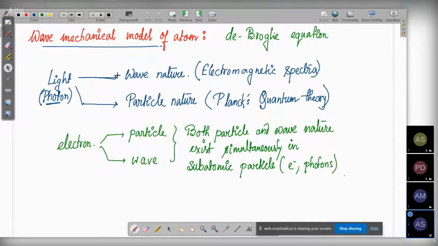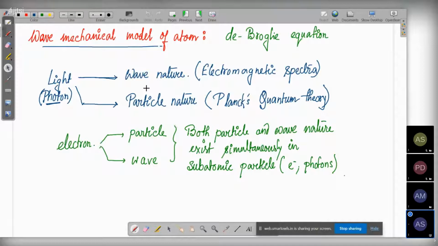From the electromagnetic spectrum, we see that light is a wave, whereas when we studied reflection and diffraction in lower classes, we considered light to be a particle. Both forms exist simultaneously in light. There is no on-off mechanism or switch telling it to behave as a wave or as a particle. Both natures exist simultaneously.